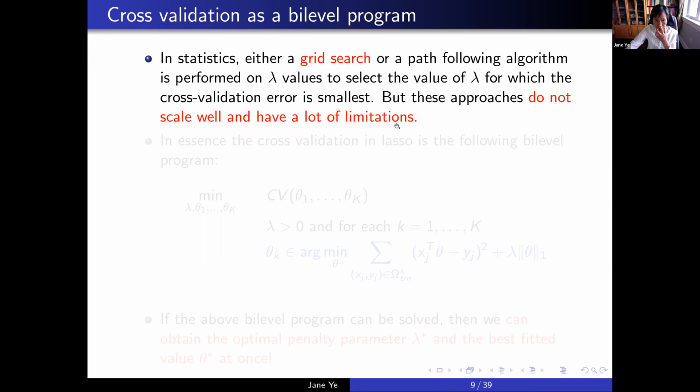But these approaches do not scale well and have a lot of limitations, in particular if you have more than one penalty parameter.